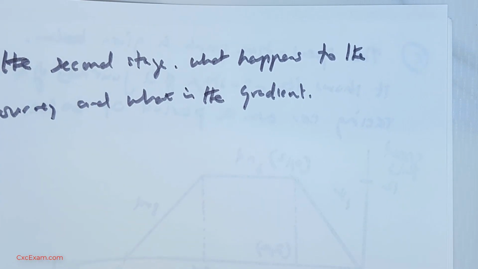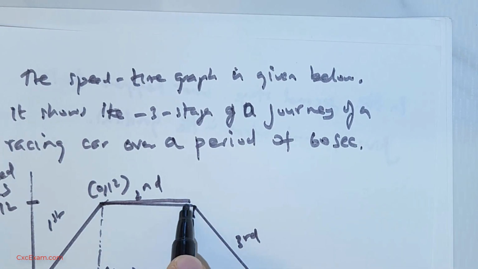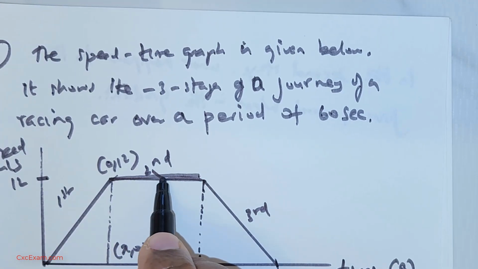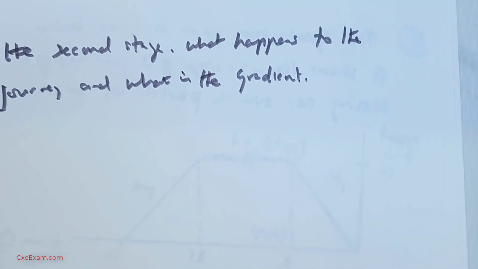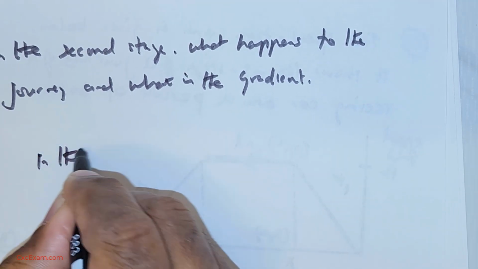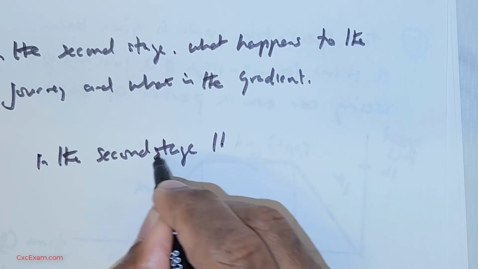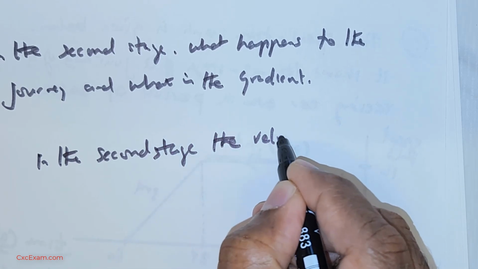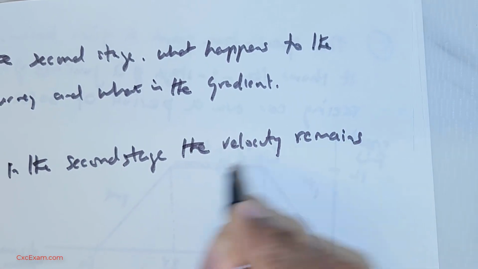You go back to the figure. If you see the figure, there is no acceleration at all. So the velocity is constant. So that is exactly what you need to write. In the second stage, the velocity remains constant.